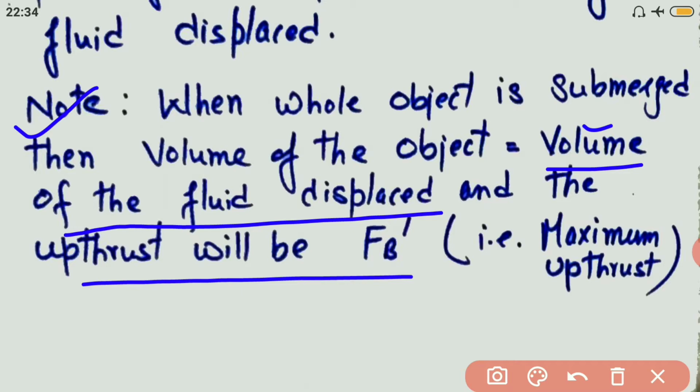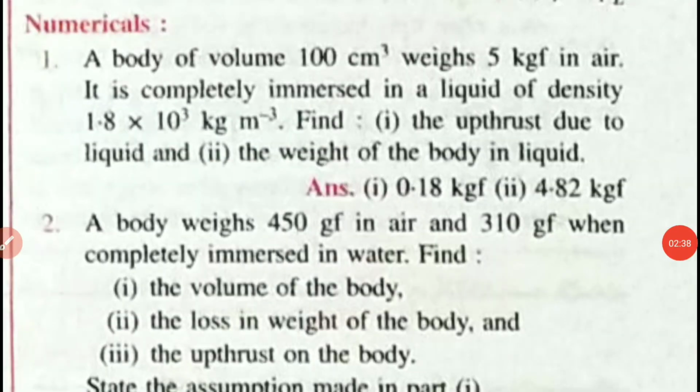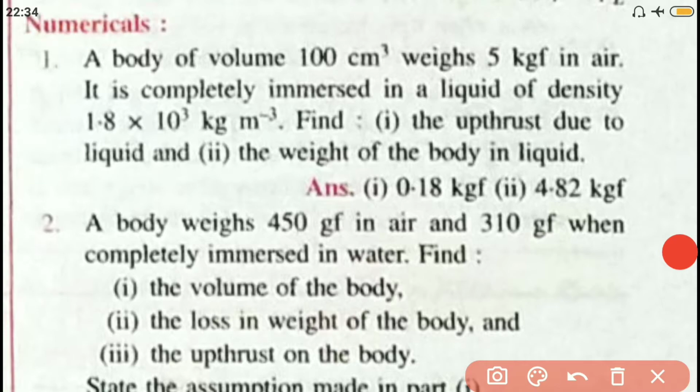Let us go to question number 1. Coming to the first question of the numerical problems from exercise 5a, let us go through the question. A body of volume 100 centimeter cube weighs 5 kgf in air.